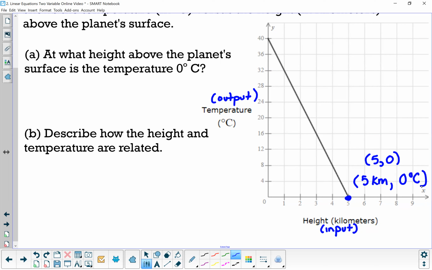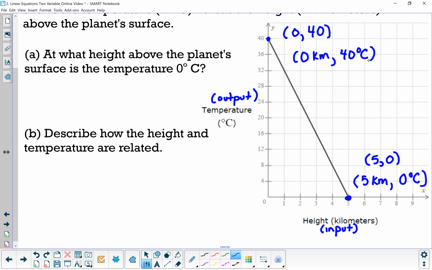Now for our y-intercept, we have our point here, which will be the coordinates 0, 40. If we put our units, we have 0 kilometers, 40 degrees Celsius.